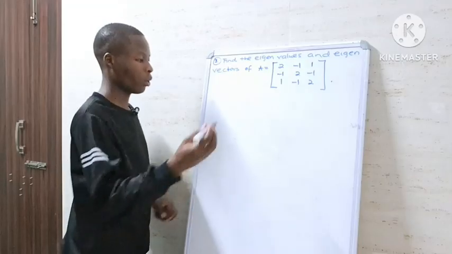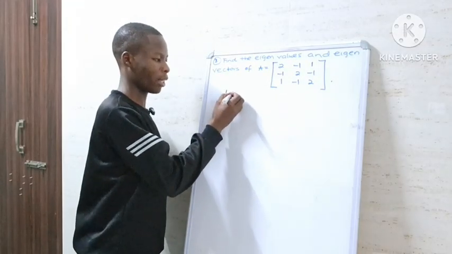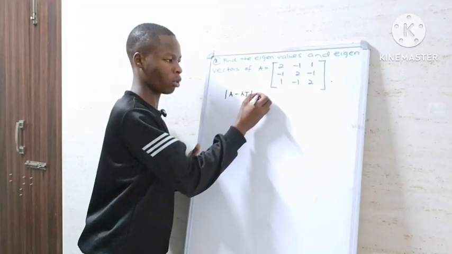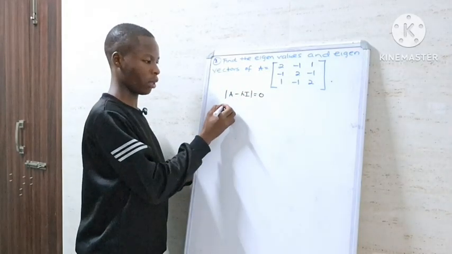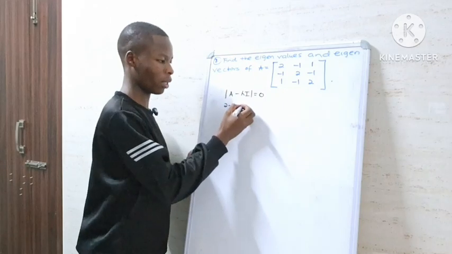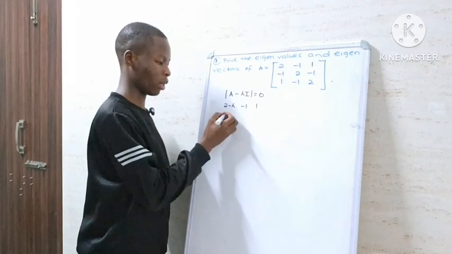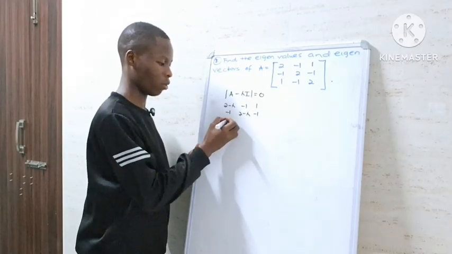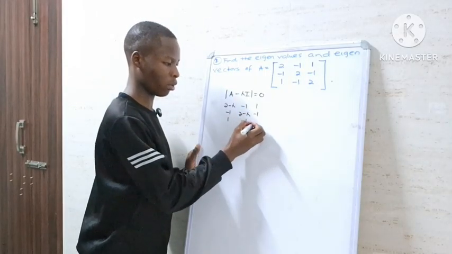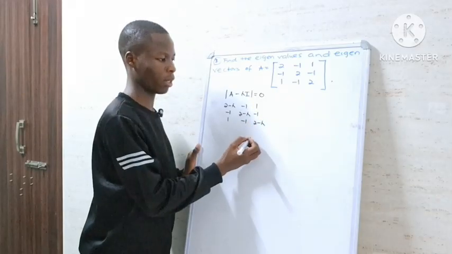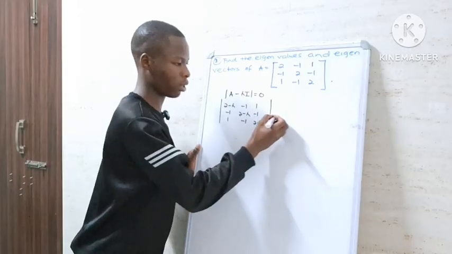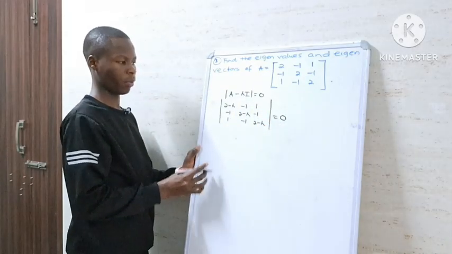We know that the characteristic determinant is equal to 0: 2 subtract lambda, negative 1, 1, negative 1, 2 subtract lambda, negative 1, 1, negative 1, 2 subtract lambda. The determinant of this is equal to 0.